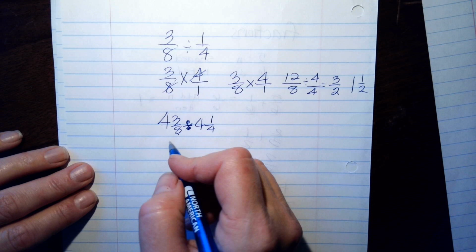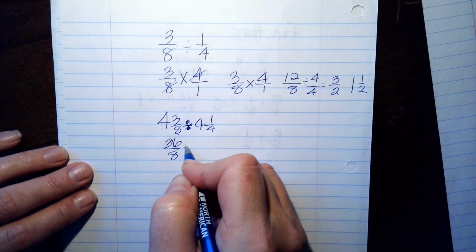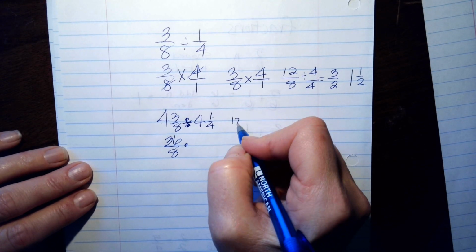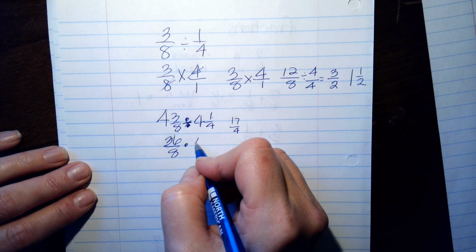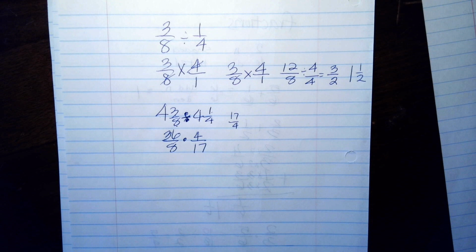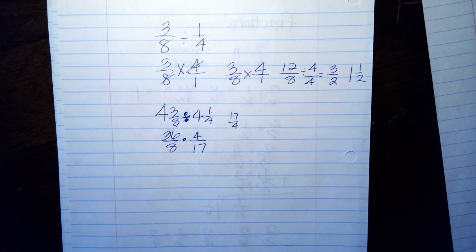So it's 32 plus 3 is 36 over 8. Change it to a multiplication. And then this is 4 times 4 plus 1 is 17/4. We have to flip the second fraction. It becomes 4/17. Does that make sense to you? Yeah. Okay. Do you want me to go over it again?